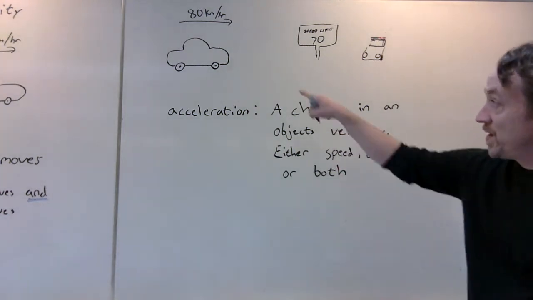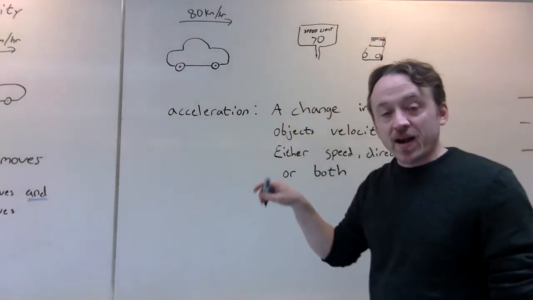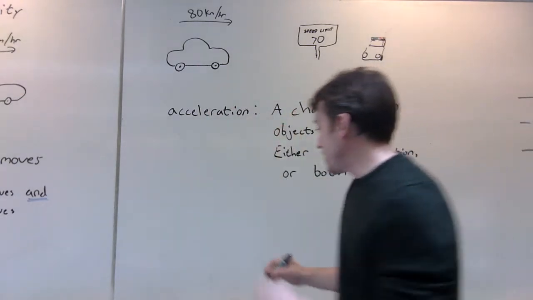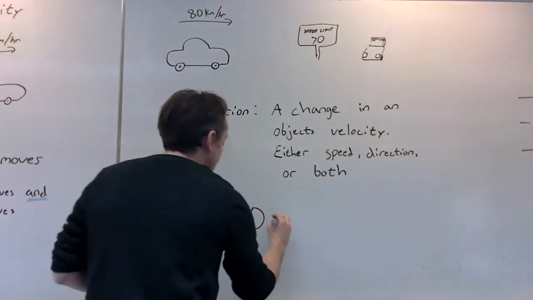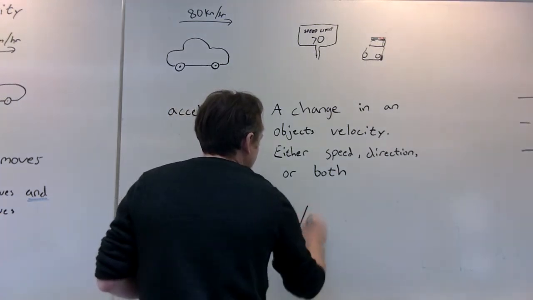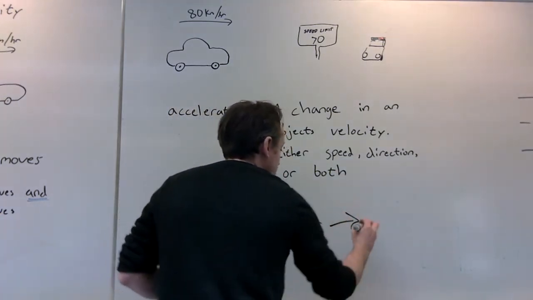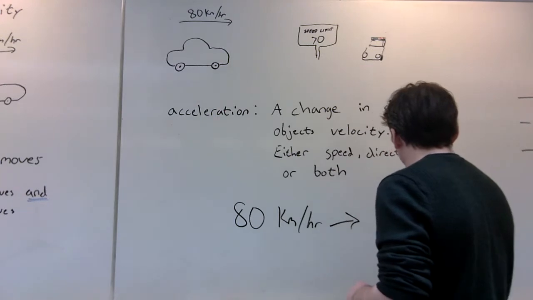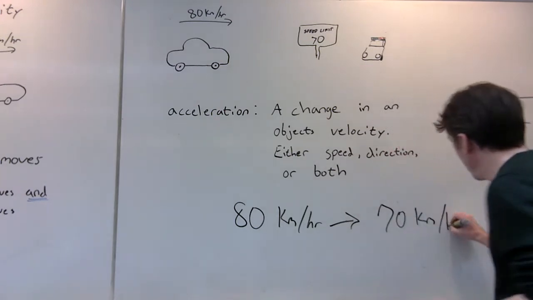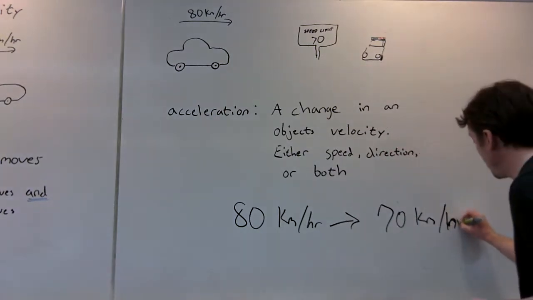All right, so this driver here is going to slam on their brakes to get down to 70 miles an hour, or 70 kilometers per hour. So he goes from 80 kilometers per hour to 70 kilometers per hour. All right.